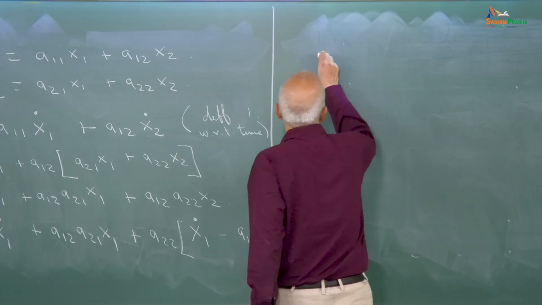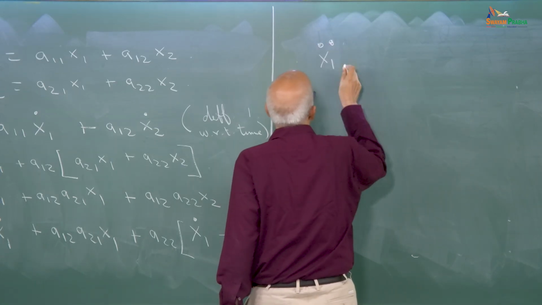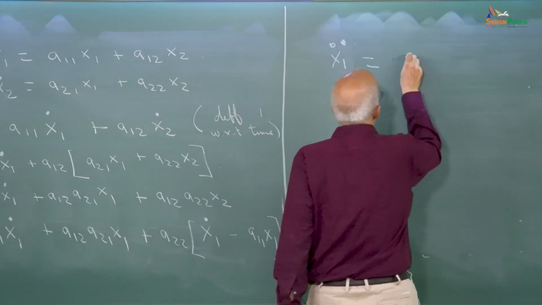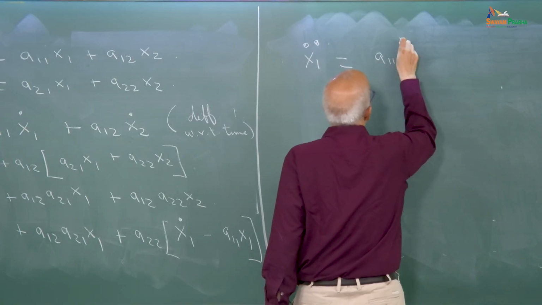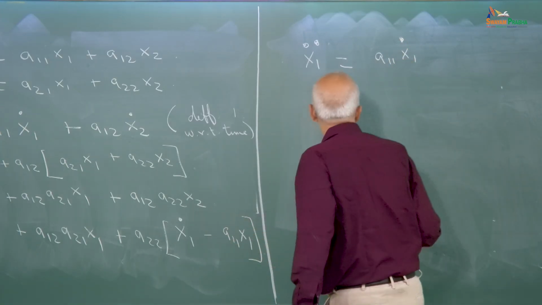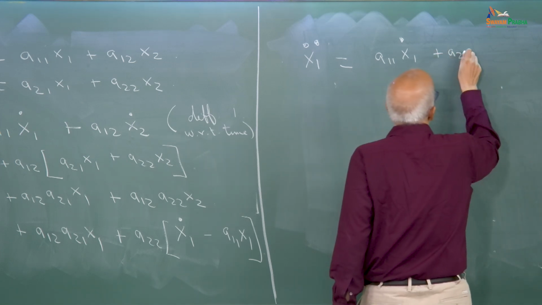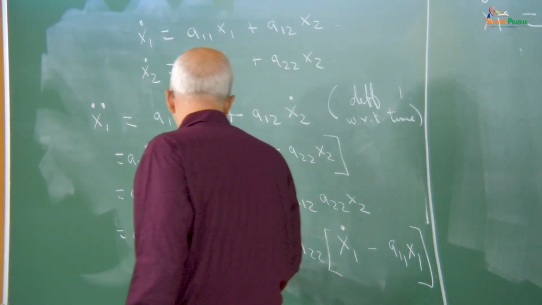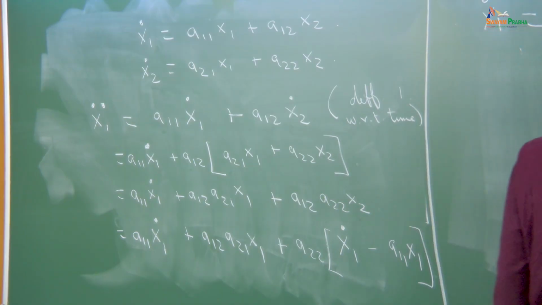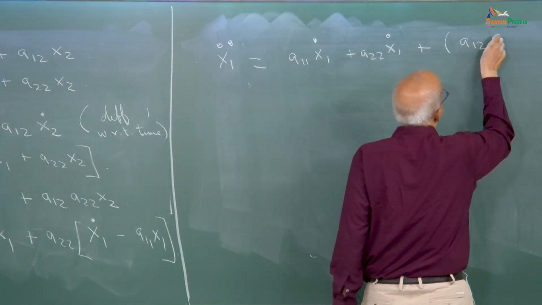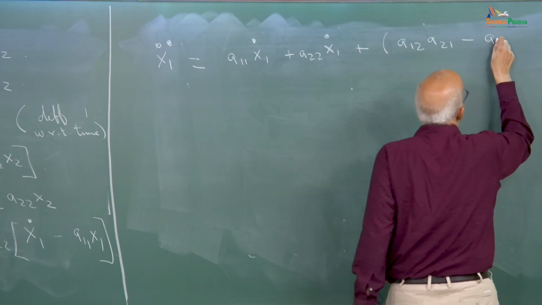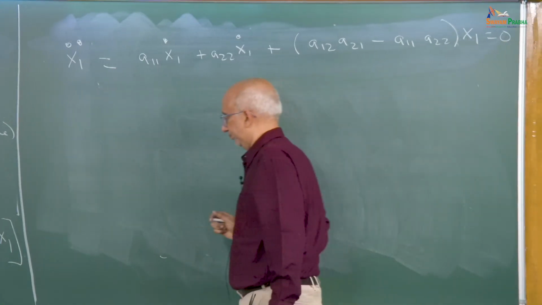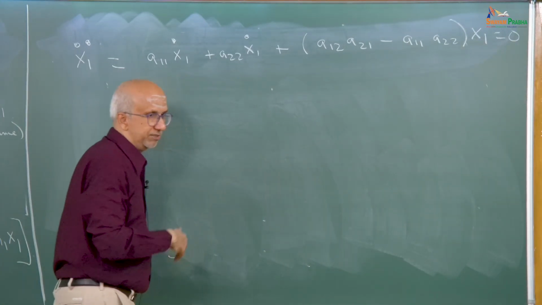And I am going to write this as x1 double dot minus (A11 plus A22) x1 dot plus (A11 A22 minus A12 A21) x1 equal to 0. Okay, I am going to bring everything to one side, put right hand side as 0.